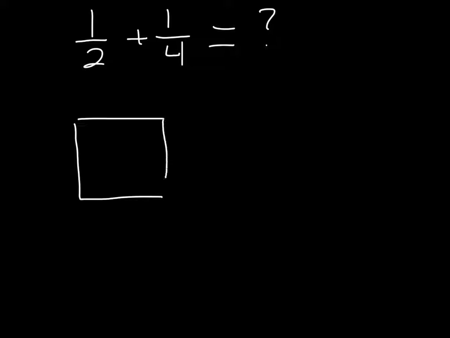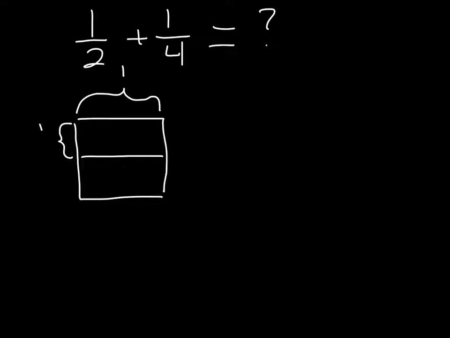Okay, the first thing we're going to do is learn a strategy to add 1/2 and 1/4. We're going to use a strategy that involves an area model. So we're going to draw a whole and label it, and we're going to cut that whole in half.